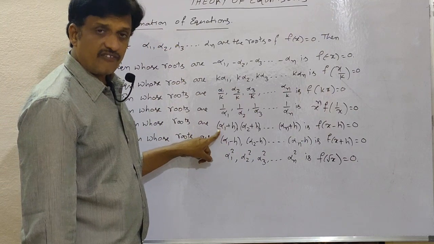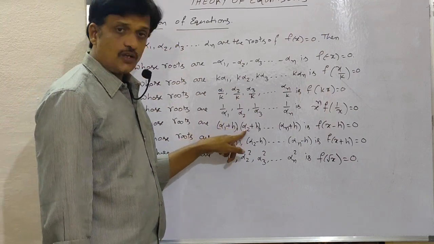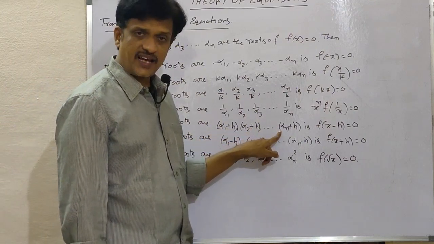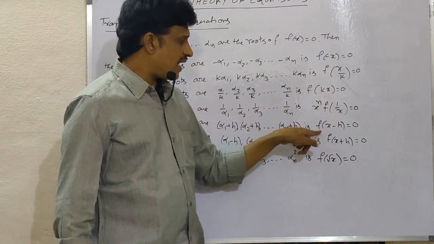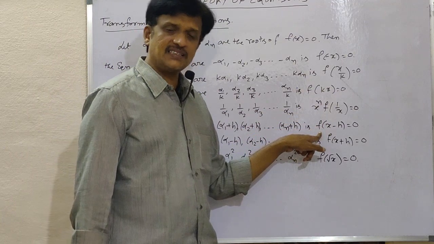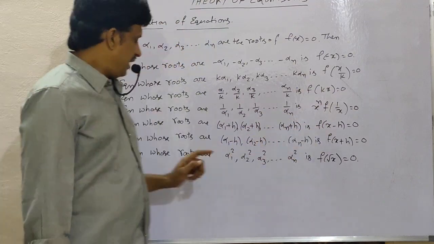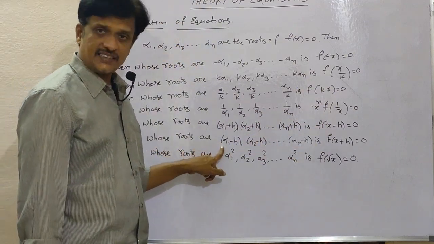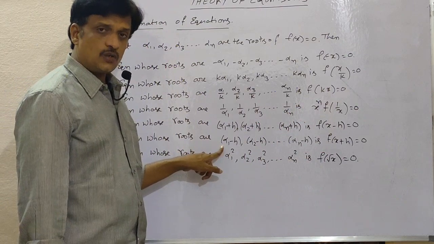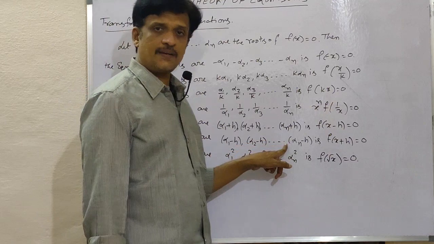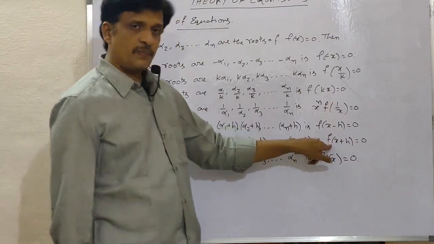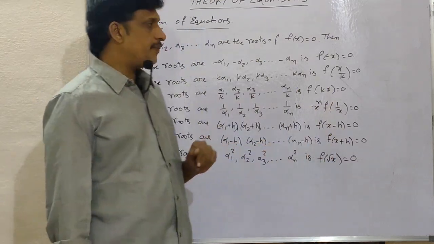So the roots are alpha 1 plus h, alpha 2 plus h, and so on, alpha n plus h. Then the required polynomial is f of x minus h equal to 0. If each root is decreased by h, the polynomial with roots alpha 1 minus h, alpha 2 minus h, and so on, alpha n minus h is f of x plus h equal to 0. You can remember it like this.